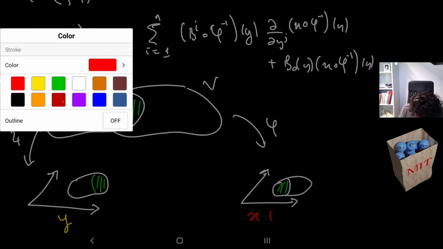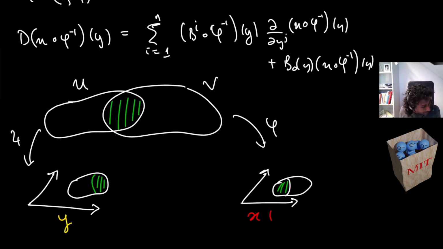So my transformation rule, going from here to here, I'm going to go via phi, and I'm going to compose, no, that's not the right direction.